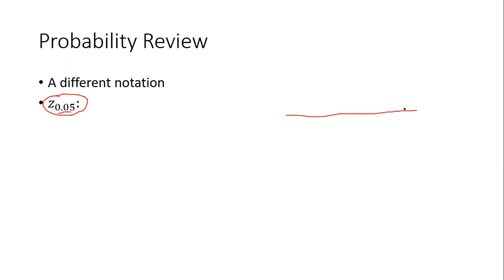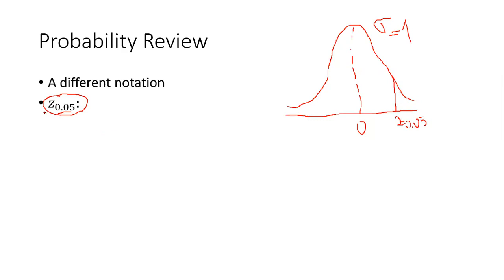Let me just plot the standard normal distribution. This is the standard normal, so its average is 0 and its standard deviation is equal to 1. And z sub 0.05 is this. This means that this is the z value which leaves an area of 0.05 to the right.